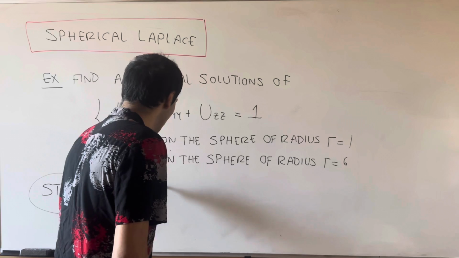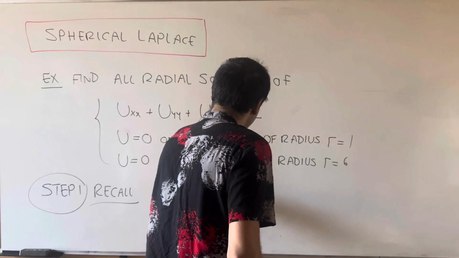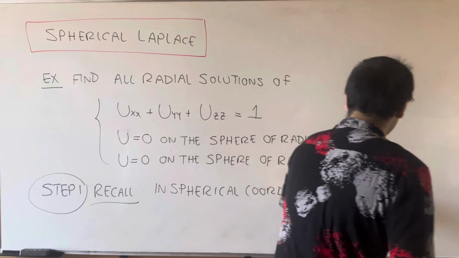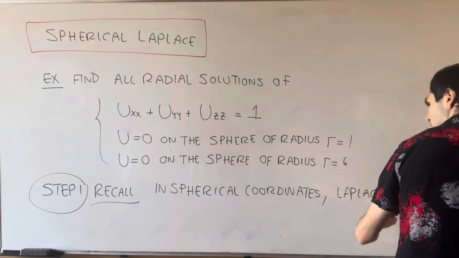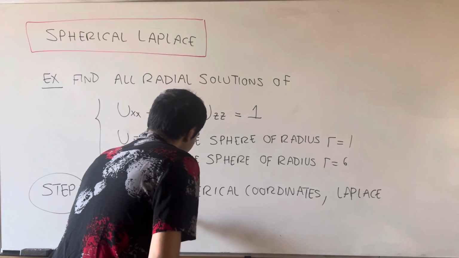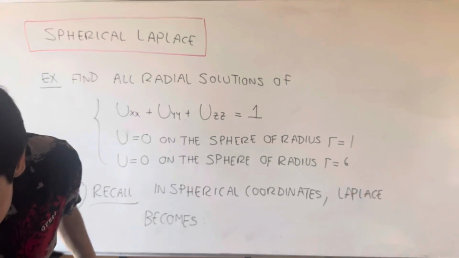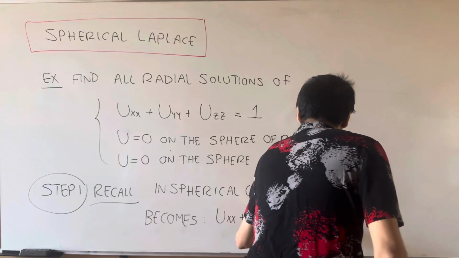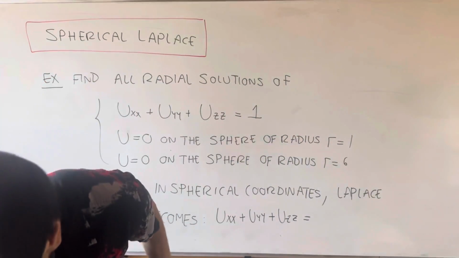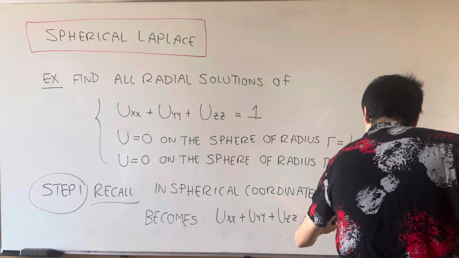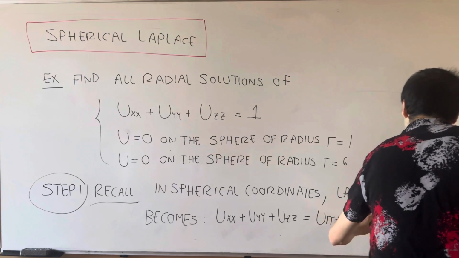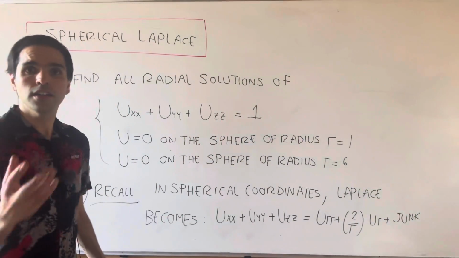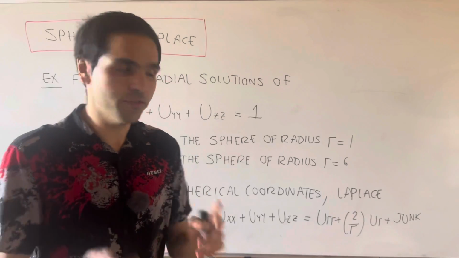In spherical coordinates, Laplace becomes the following, namely uxx plus uyy plus uzz, I believe, is urr plus 2 over r ur plus some junk, where the junk depends only on angular derivatives.